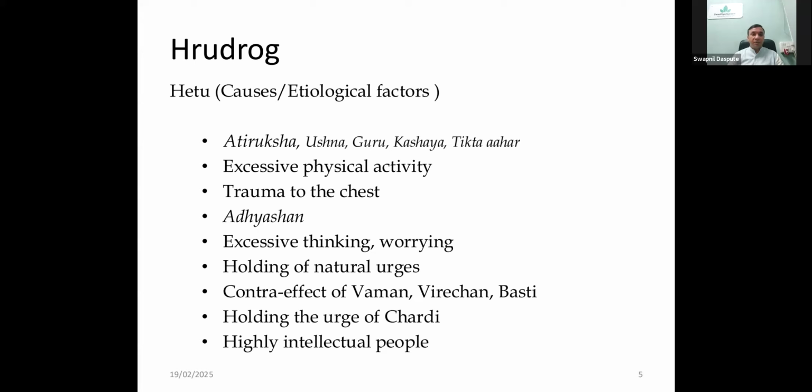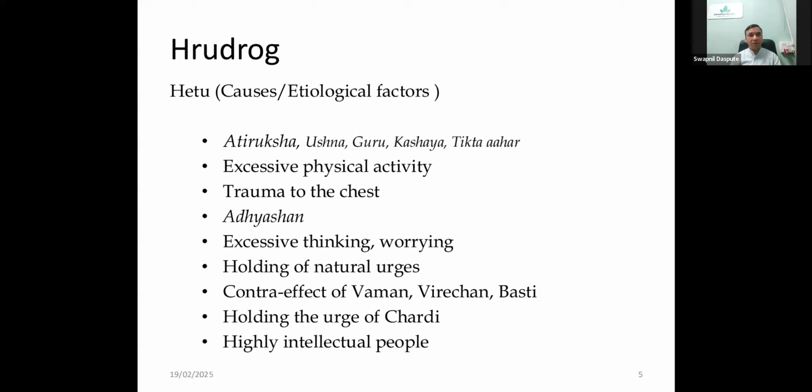Highly intellectual people. So we see that the occurrence of Rudroga or heart disease is quite common in people whose thinking process is more, or usage of intellect is more in their profession.